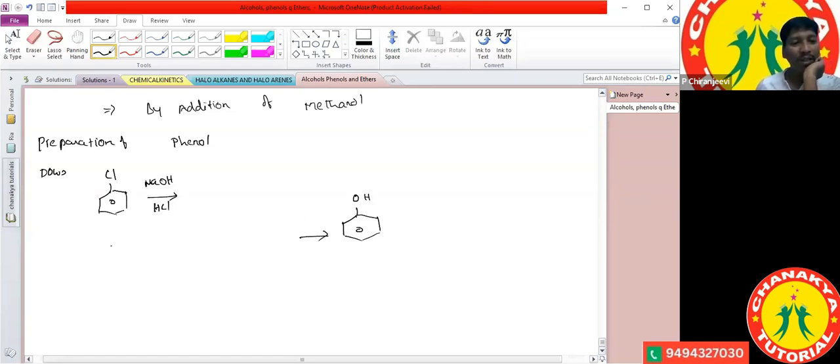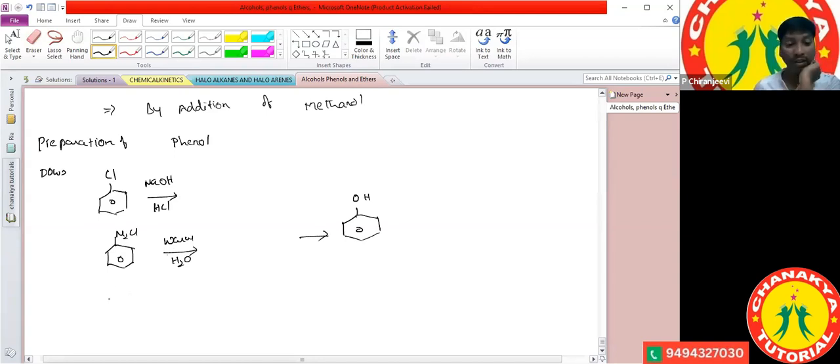And what is the second method? From benzene diazonium salt. The formula of benzene diazonium chloride is C6H5N2Cl. If it is warmed with water, it also forms phenol.